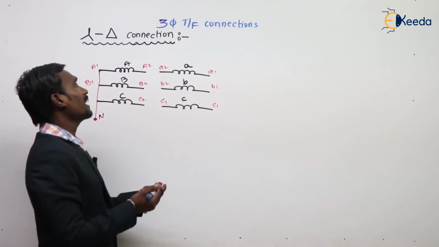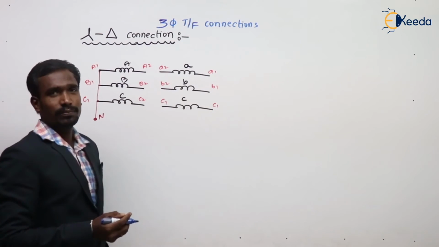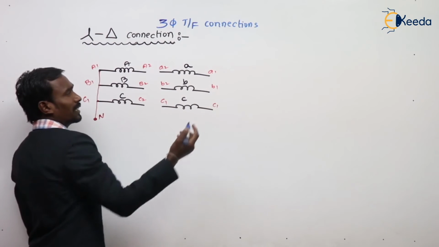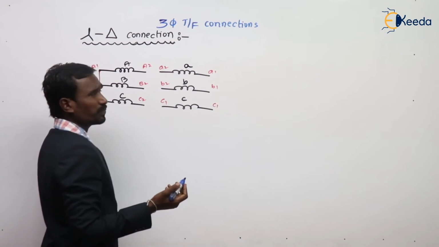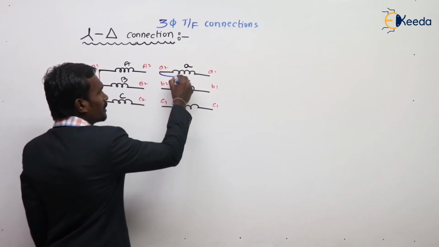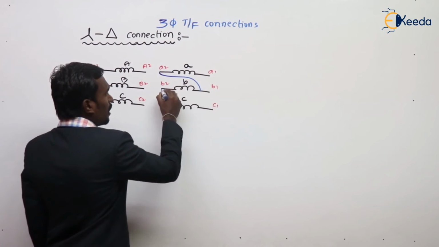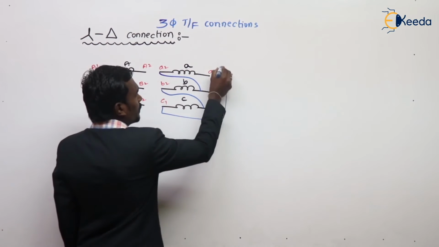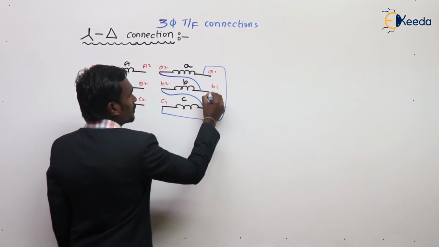Now draw the delta connection in the secondary. How is the delta connection? Let's see here. I am drawing like this, and like this, and like this.